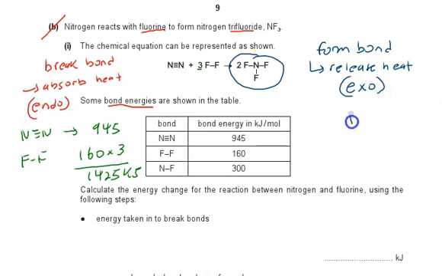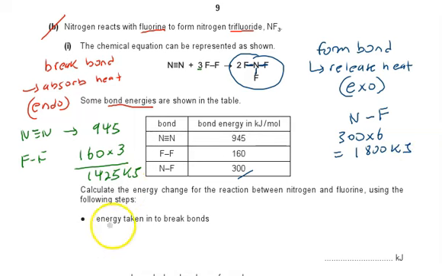So here we have N-F. We have 1, 2, 3, multiply with 2, so in total we have 6 bonds. So 300 for 1 multiplied by 6, so here we have about 1800 kilojoules.